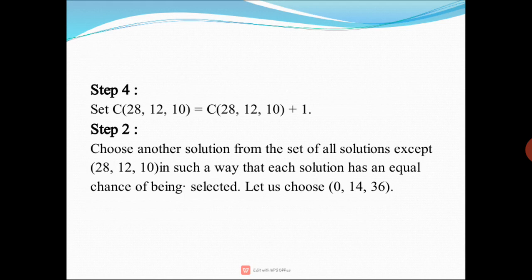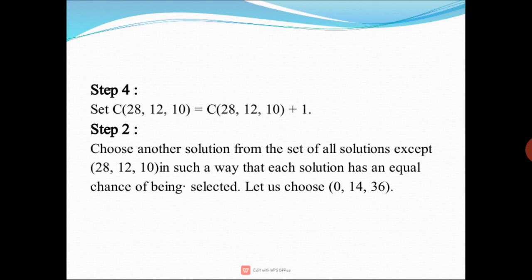When the search is terminated, we select the solution x1 x2 x3 that gives the largest counter value. So for example, choose another solution from the set of all solutions except 28 12 10 in such a way that each solution has an equal chance of being selected. So take 0 14 and 36. Compare 0 14 36 with 28 12 and 10.